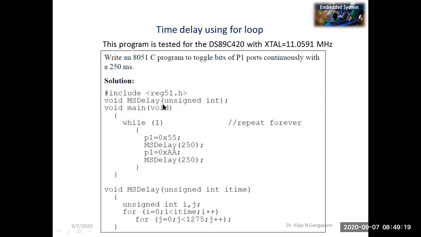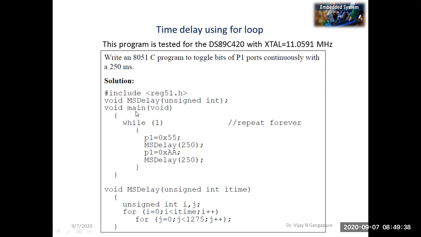So I should have the function declaration here; your compiler should know what msdelay is. This declaration tells the compiler that msdelay is a function which is not returning any value and to which I am passing an unsigned int type of value.